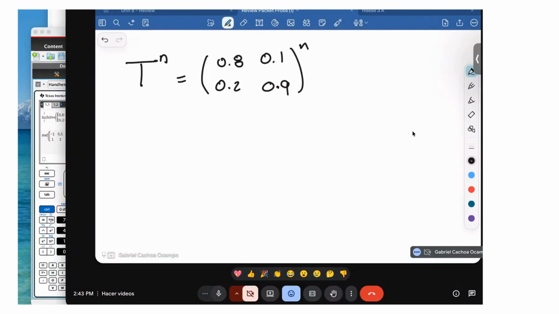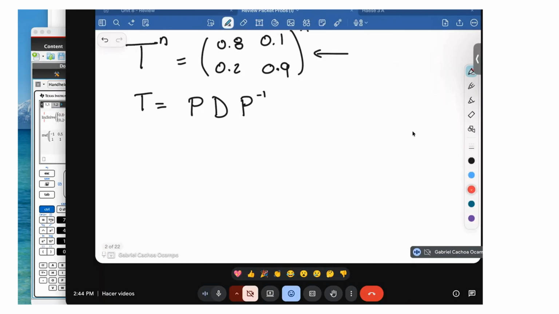So what we know now, instead of finding this expression directly, is that T is the same as P D P inverse, where D is a diagonal matrix, P is the matrix of eigenvectors, and this is the inverse of P.